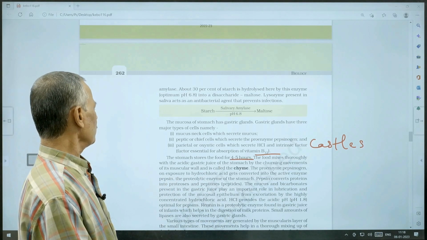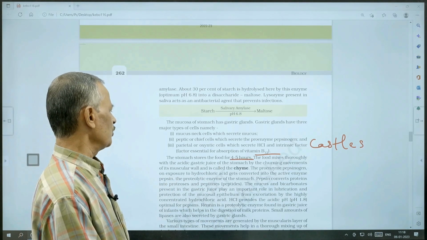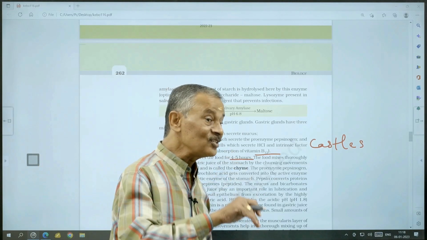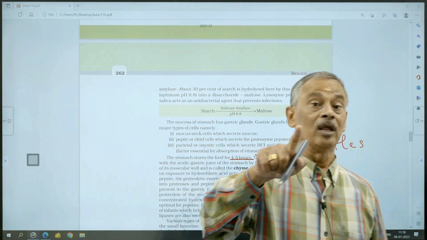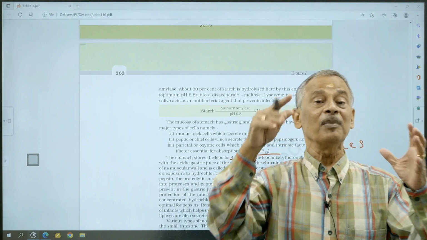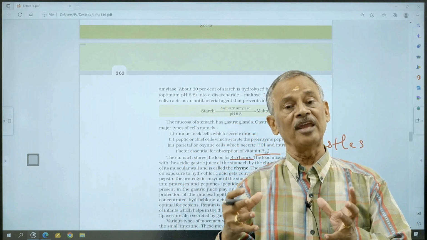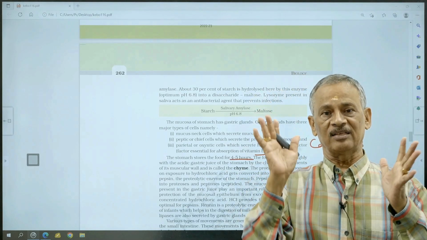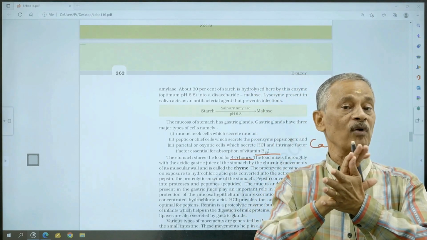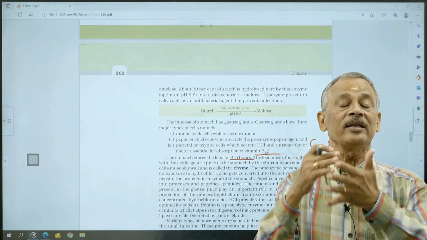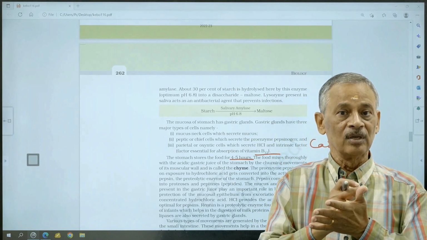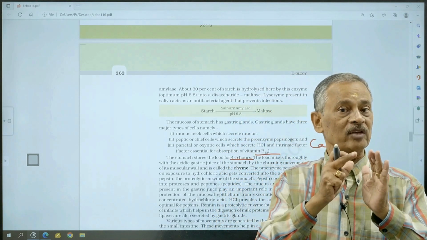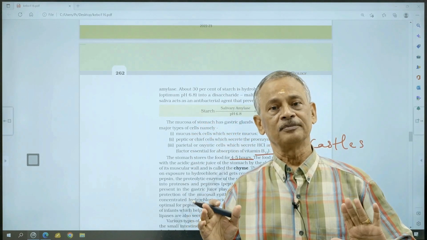The mucus and bicarbonate present in the gastric juice play an important role in lubrication, and also, a very important one, protecting the alimentary canal lining from the excoriating activity of the HCl. See, HCl is a very powerful one. It will burn and destroy our tissues. So, the HCl should not come in contact with the lining of the alimentary canal.